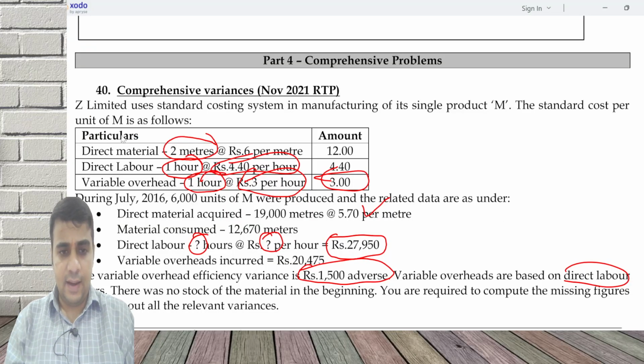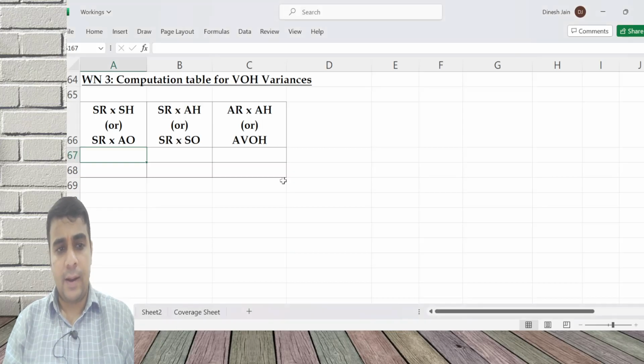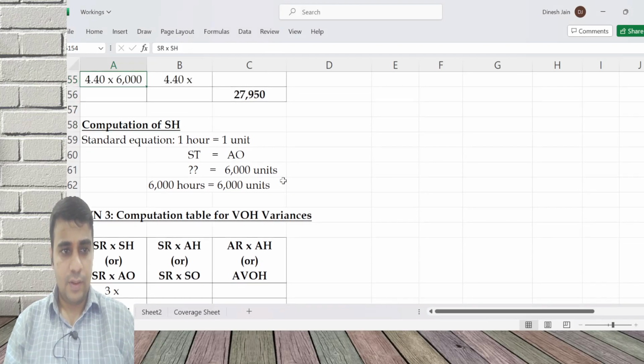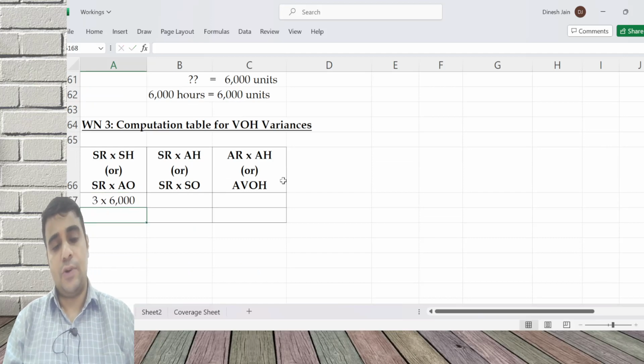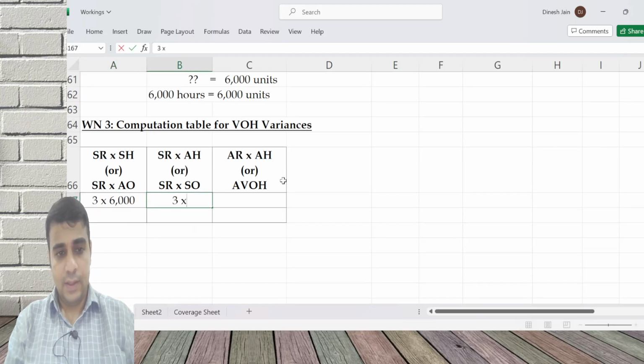SR from the table is 3 per hour. For direct labor it was 4.4 per hour. For variable overhead it is 3 per hour. 3 into 6,000, copy pasting from the earlier SH. 3 into, I don't know the AH.